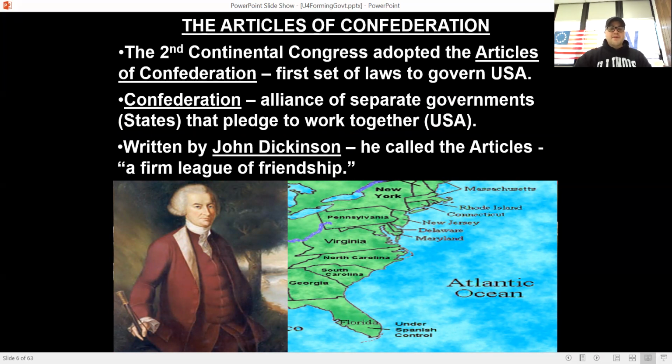He wrote several letters as if he were a Pennsylvania farmer, in which he talked about the taxations passed by Great Britain onto the colonies and how we should take up arms to fight back. He called the Articles a firm league of friendship as each state works on trying to protect the sovereign nation of the United States.